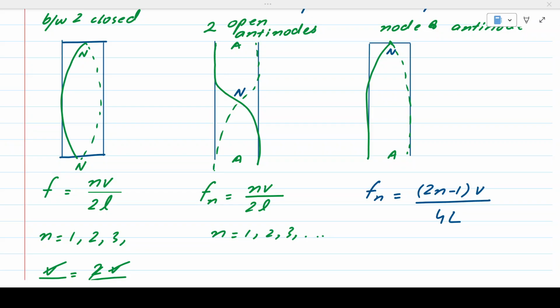And if n is 1, 2 minus 1 is 1, so the frequency is v over 4L. The next harmonic will be formed at 3v over 4L. The next harmonic will be formed at 5v over 4L.